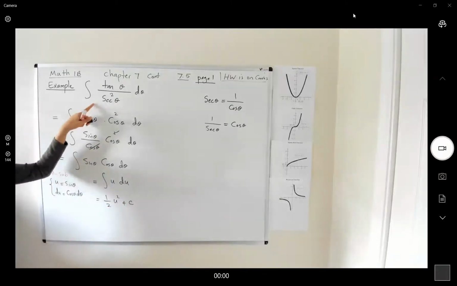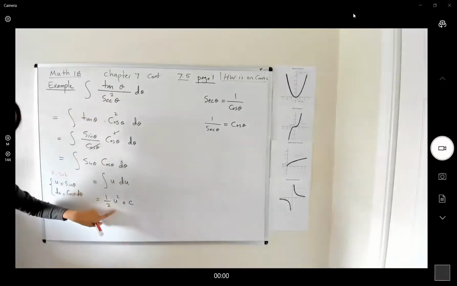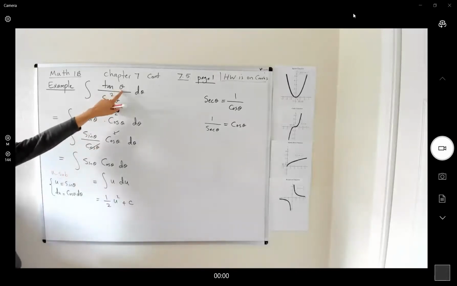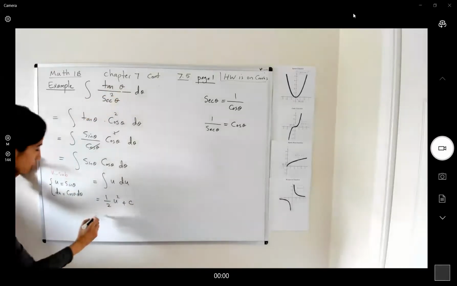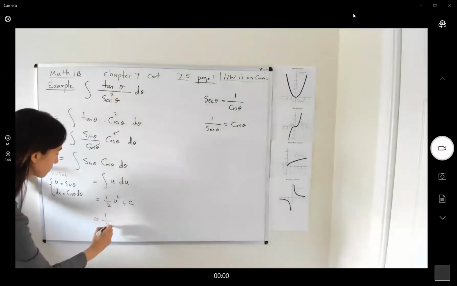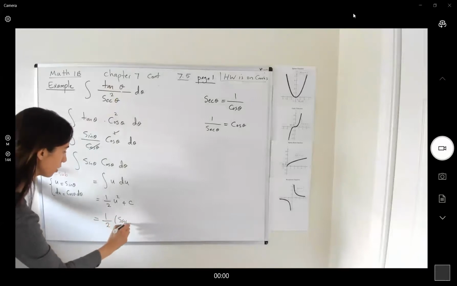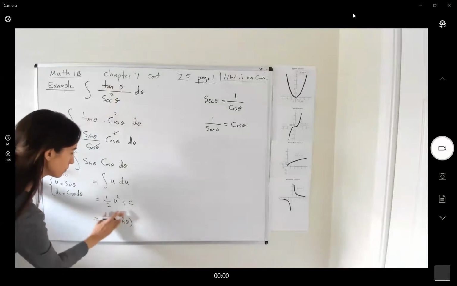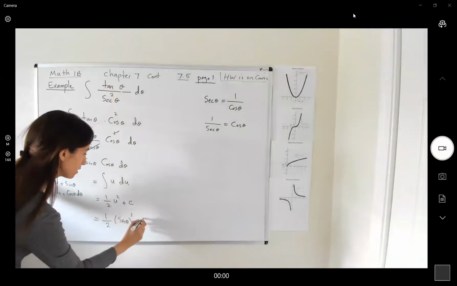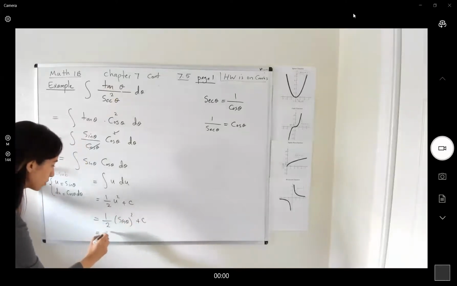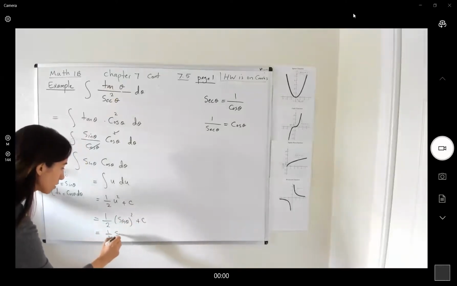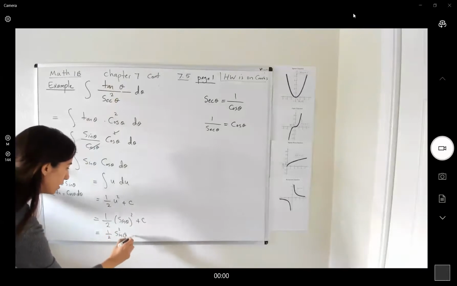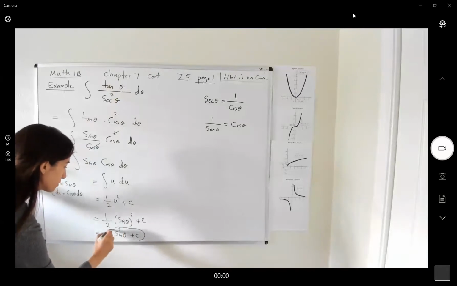Our original integral is in theta, so we cannot leave it as u. We have to rewrite it using the exact same variable that we have, theta. So here we get a half sine theta squared plus c, and this can be written as a half sine squared theta plus c.